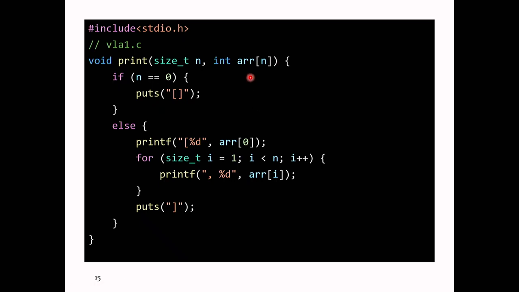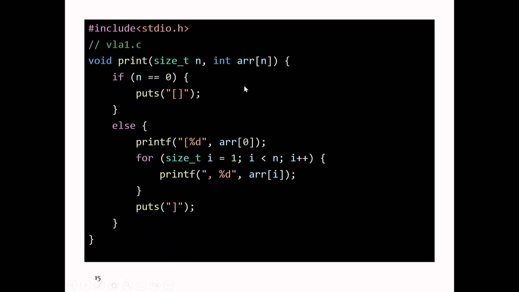So when this function receives this array, there's no way for the compiler or for the C runtime to actually know the size of that array. So it is required by the programmer to tell it how big that array is. So that's why that value n is here. Whenever you write a function involving an array, one of your parameters has to be how big this array is, because there's no way for you to get the size of the array otherwise.